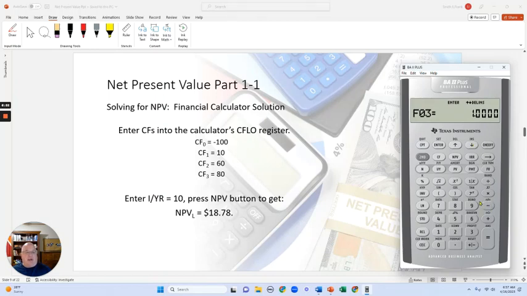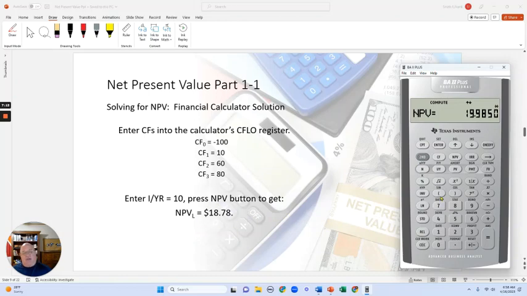Then to calculate the net present value, I hit NPV, and it was 10. When I came down and computed it, I got this. One other quick thing, the first cash flow was negative, the others were positive. We came up with a net present value of $19.98, which is actually greater than the long one was.